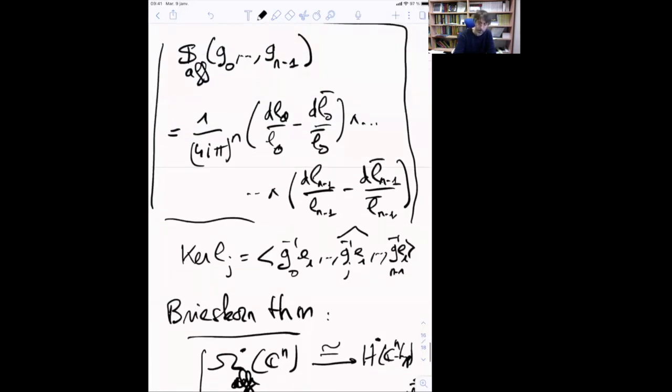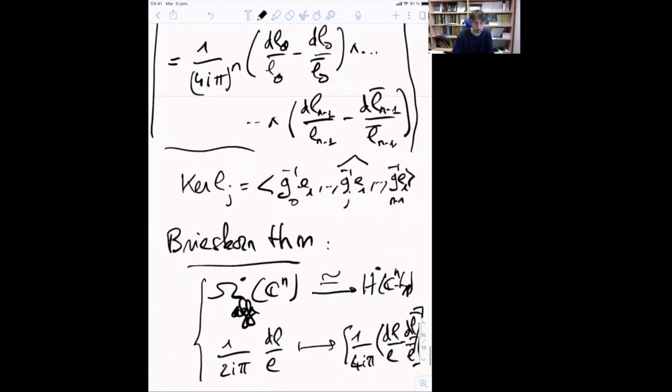So the fact that this map S affine defines a cocycle implies that in fact it defines a cocycle already at the level of meromorphic forms.